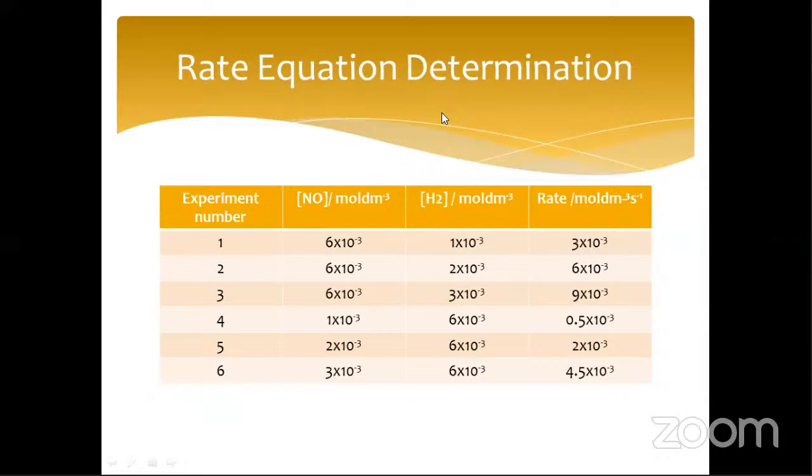And the only way that you can do that is to keep the concentration of everything else constant. So I must keep the concentration of my other reactant, hydrogen in this case, constant, to know that the only thing that is affecting the rate of reaction is the change in concentration of my nitrogen monoxide.